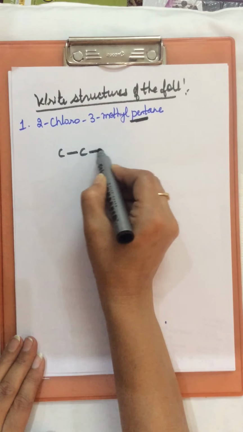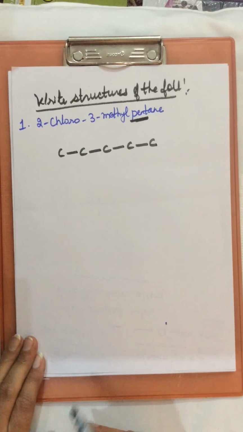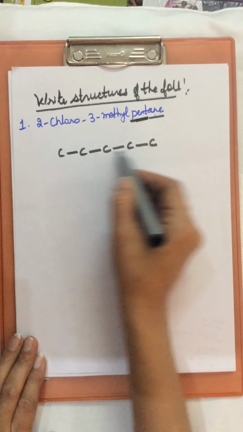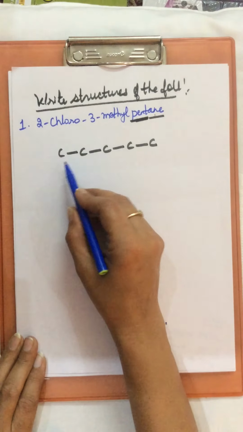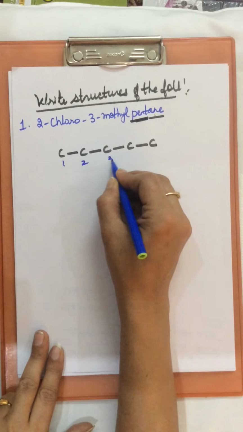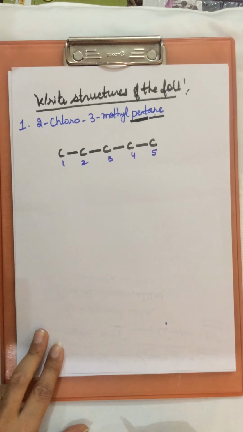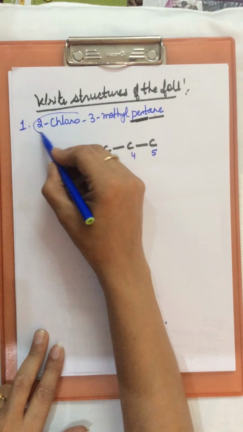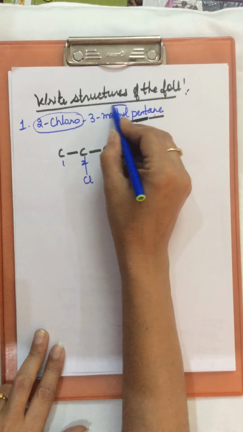5 carbon atoms first we link in a straight chain with a single bond. Ane means there are all single bonds here. Now number this chain from any side, left to right or right to left. After numbering the chain, now come to these substituents. 2-chloro, with second carbon we attach chloro. 3-methyl.